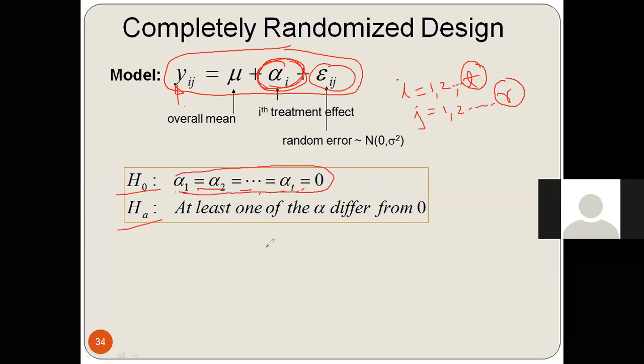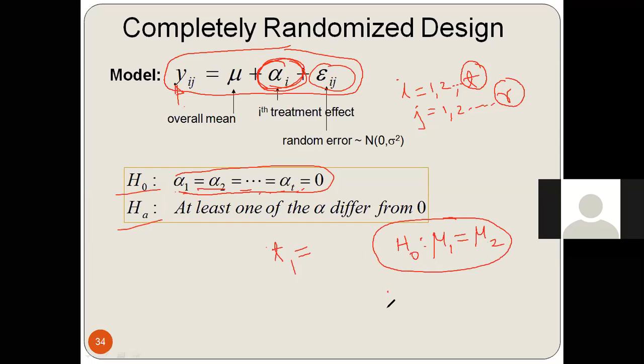Let's say it's similar to the earlier one. Can you remember what our null hypothesis was in the pooled t test? Mu1 equal to mu2. Yes, in the pooled t test, that is the case.